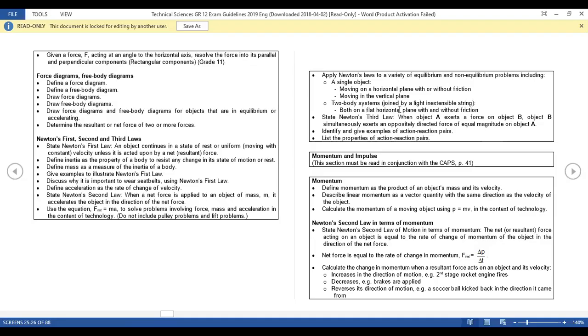Remember, here we are likely to ask you to calculate the acceleration of the system, of the objects in that system and also the tension.